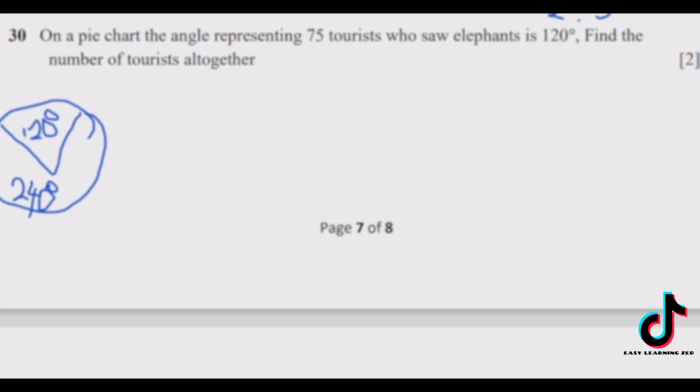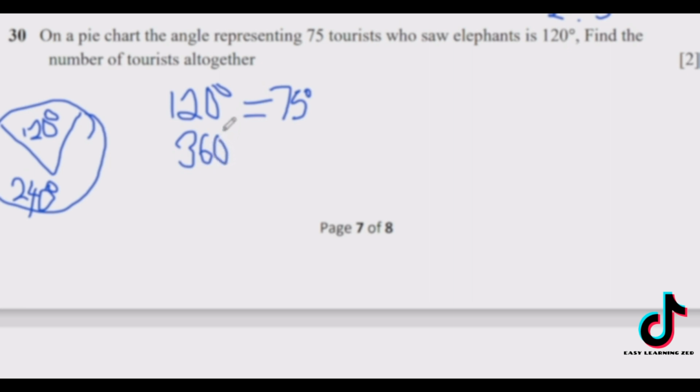So to find this answer, we are going to use direct proportion. I should not be saying 100 tourists, but if 120 degrees is for 75 tourists, what will be the number of tourists of all the tourists if it's 360 degrees?